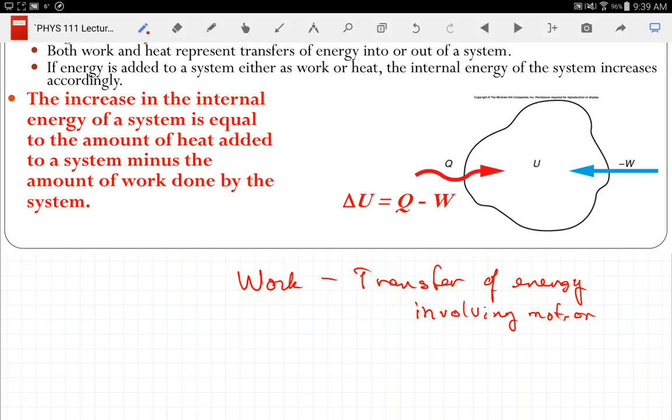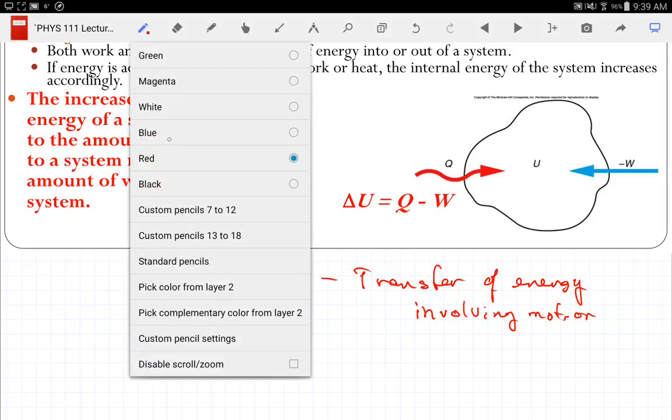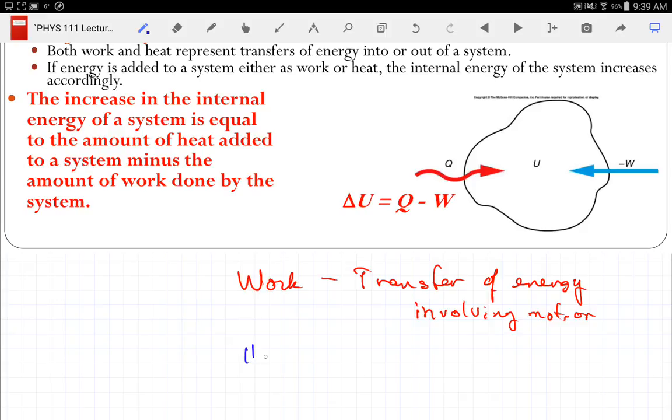And then the second transfer of energy is heat, which is a transfer of thermal energy, or as I simply say, it's a transfer of energy that doesn't have the motion in it.